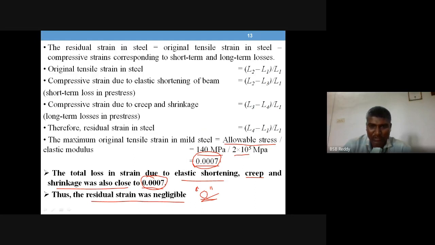So if you are able to increase this value, which means some 0.001 or 0.002 or something like that, then this minus this will give you the residual strain that is proportional to the residual stress. So your attempts shall be in the direction of increasing this value. When you try to increase this value, then you will have increased pre-stress value induced in the concrete.